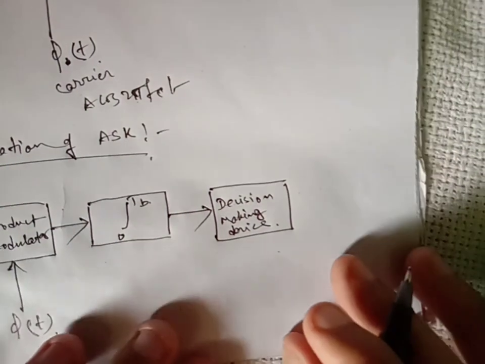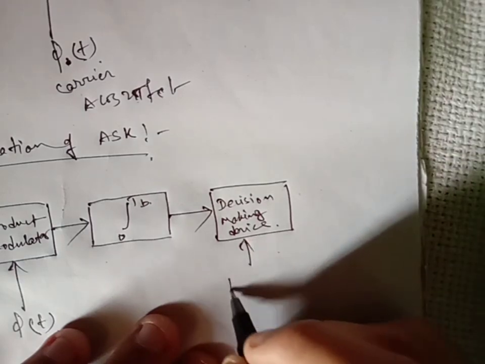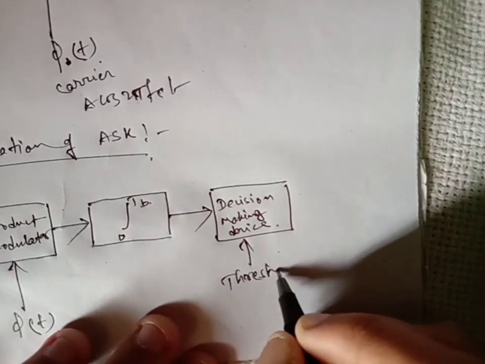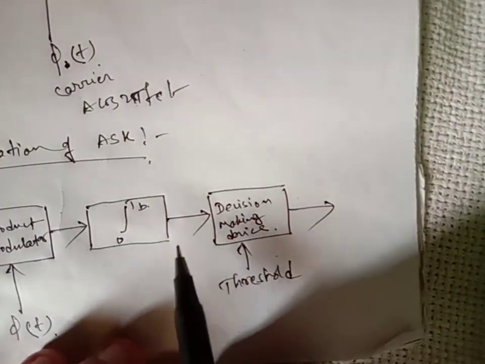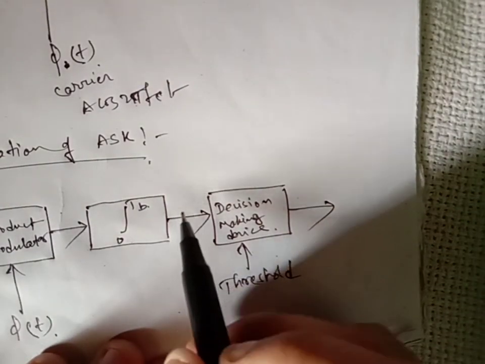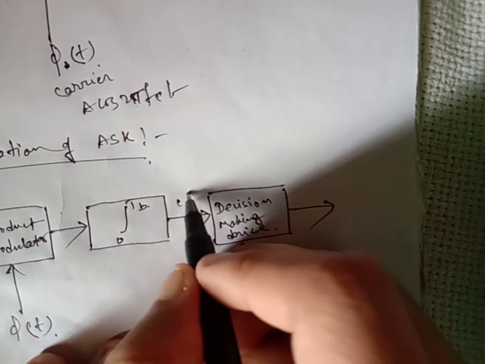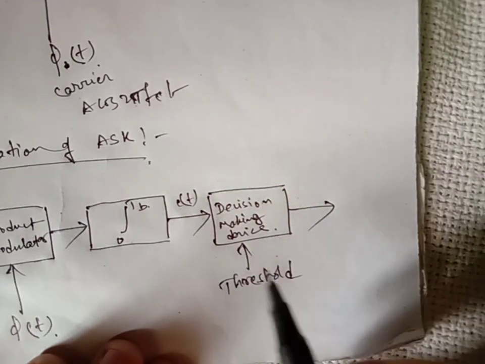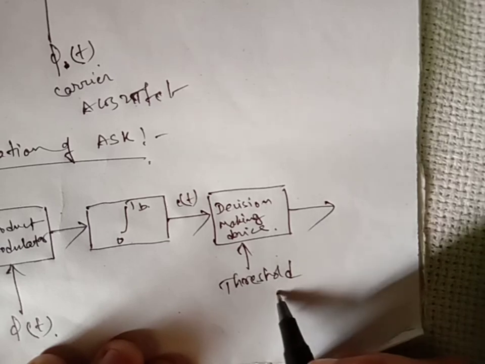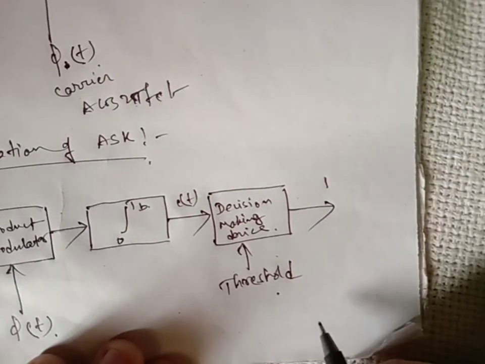So what is the use of this? A threshold is given to the input. So the use of this is, when this output of the integrator, say it as C(t), is more than the threshold value, then the output will be 1.